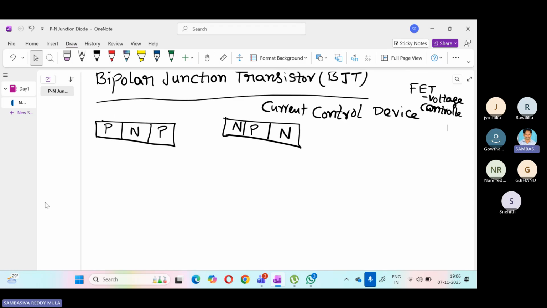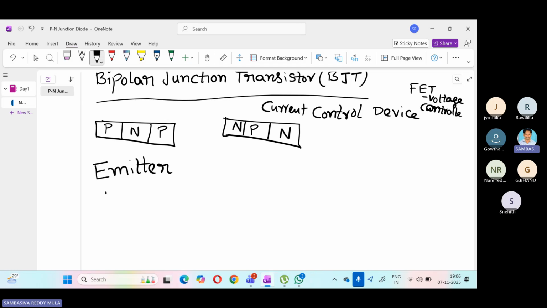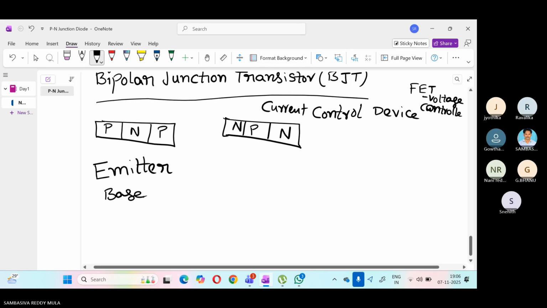Okay. Now, how are the PNP or NPN transistors formed? We know how the PN junction diode is formed, how the junction is formed. In the formation of bipolar junction transistors, generally there are three terminals called emitter, base, collector.